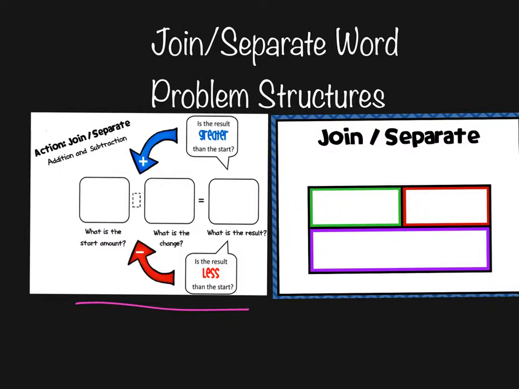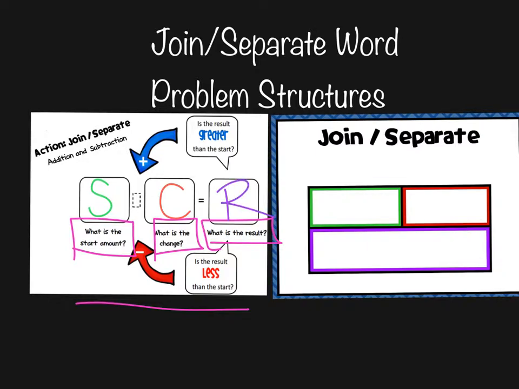If it's a subtraction problem, then of course, we would use the subtraction sign right there. You'll see that this says what is a start amount, this says what is the change, and this says what is the result. So what we would have is our start number here, our change number would go there, and our result number would go right there.